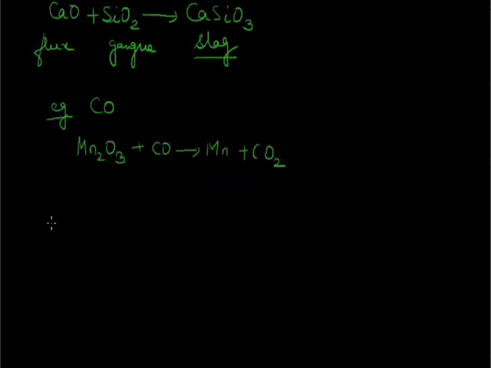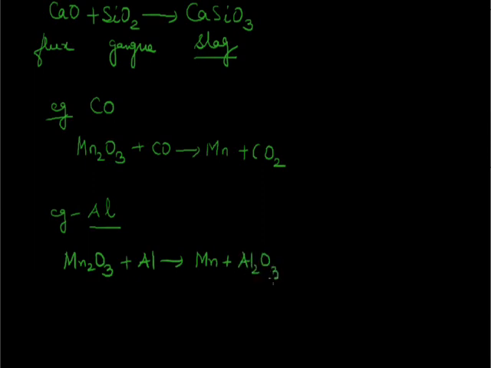Most commonly, the reducing agent which is used is aluminium. Aluminium is also used as a reducing agent. For example, Mn2O3 reacts with aluminium to form manganese along with Al2O3.